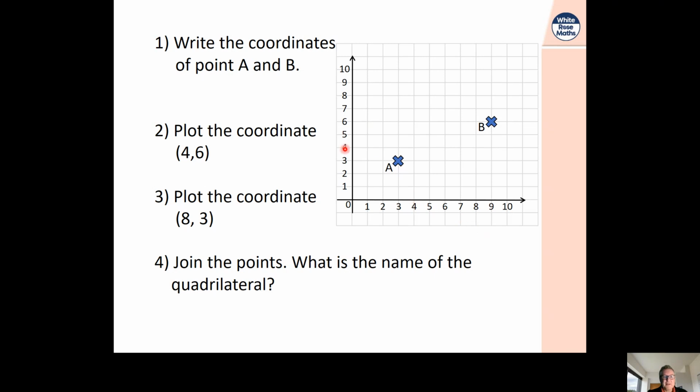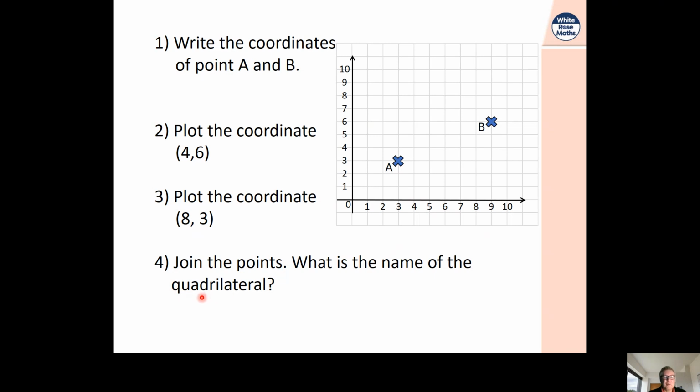It's going to make a difference. Same with this one. So what's the order? Is it x across and then y? Or was it y and then x? And then join the points and name the quadrilateral.